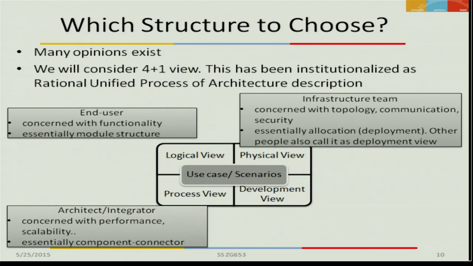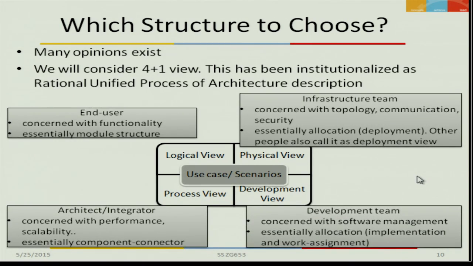Process view is meant for integrators, architect, concerned with performance scalability. Essentially, this is nothing but component and connector. And the development view is used by the development team, which are concerned with software management, and this is also allocation, and under allocation it is implementation and work assignment.